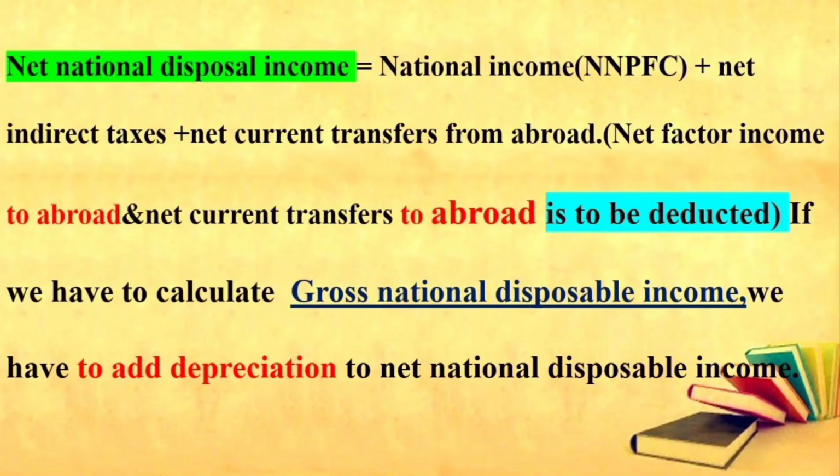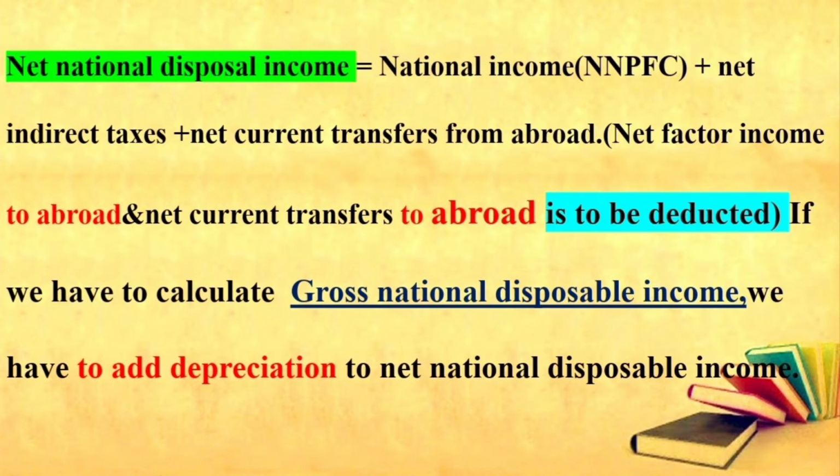Disposable income can be expressed in both gross and net concept. Net national disposable income is equal to national income plus net indirect taxes plus net current transfers from abroad. Because national income does not include transfers, to national income we have to add net current transfers from abroad.